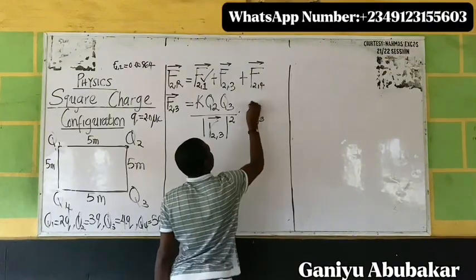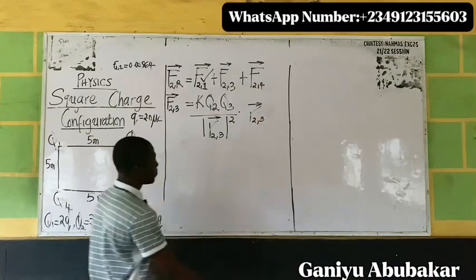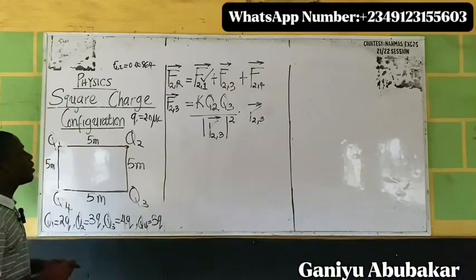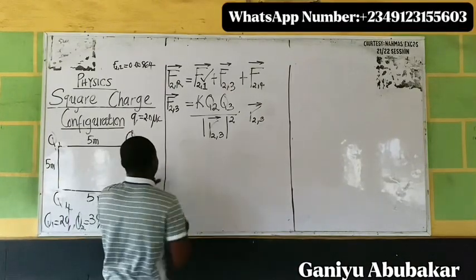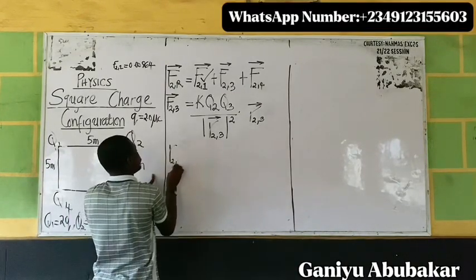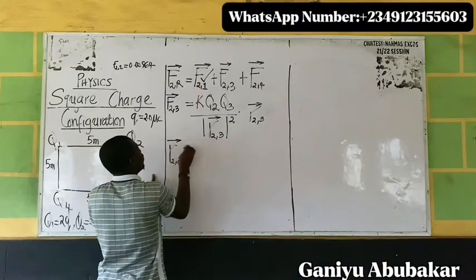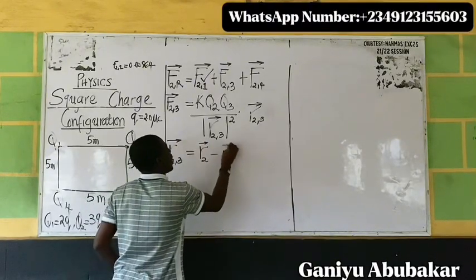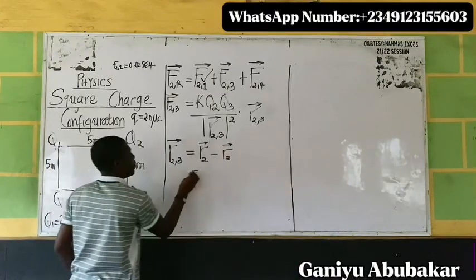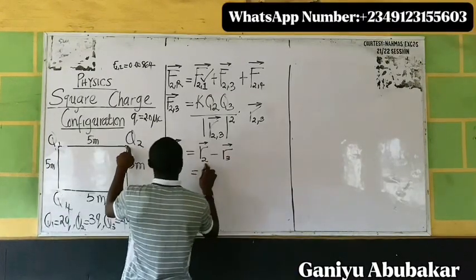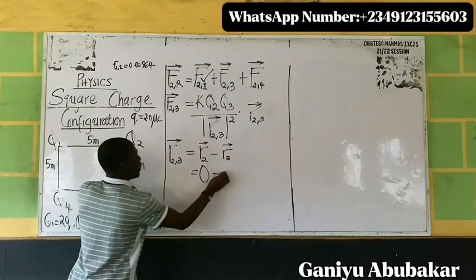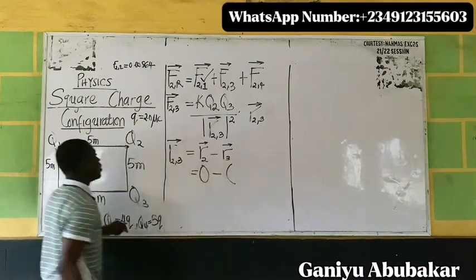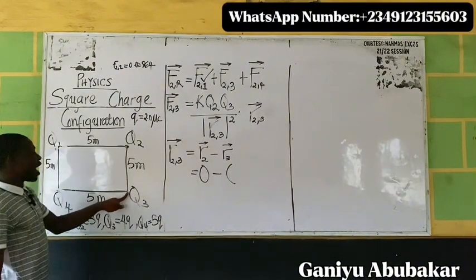Let's get this part first, so let's get R23. R23 is equal to R2 minus R3. R2 is the starting point, that's 0, minus, in brackets, R3.